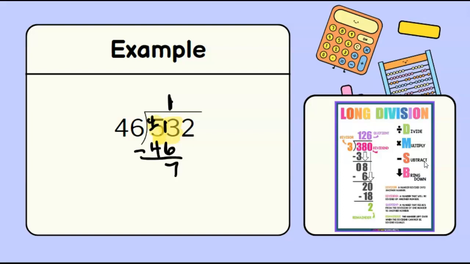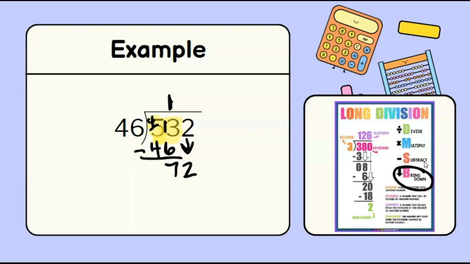If I have digits left in my dividend, I'm going to do my next step, which is bring down. I'm going to bring the next digit down and put it next to what I just got, which makes it 72.